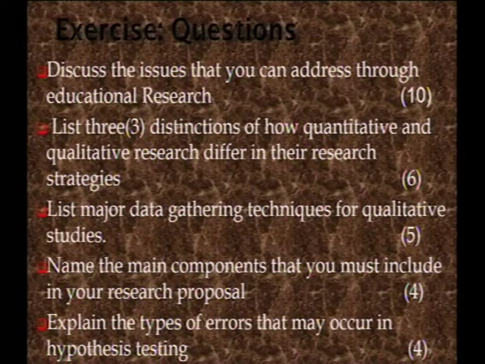List data gathering techniques. When you carry out research, either quantitative or qualitative, you need data that you analyze and manipulate to find the result. So you have to use some methods to collect information. What are those methods? You must know them: interviews, questionnaires, and so on.